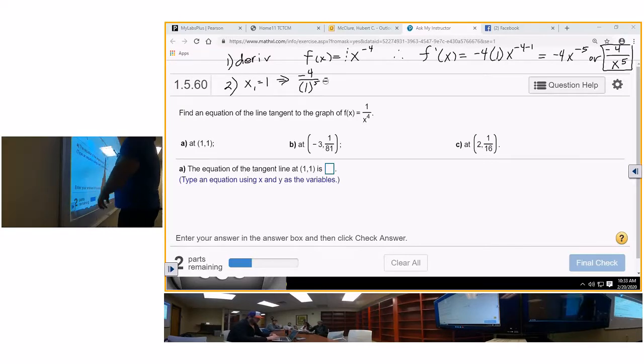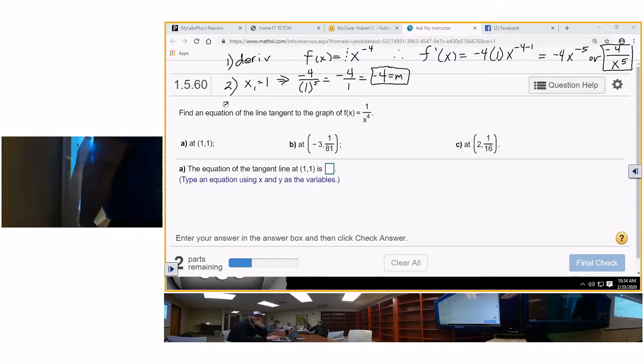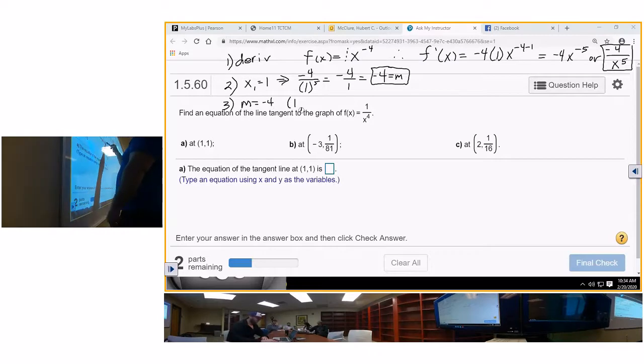I'll do the 1 to the 5th power for y'all. That'd be 1. Negative 4 over 1 is equal to what? And that is my slope. So now I do number 3. I got my slope is equal to negative 4. And my 1, comma 1 is my point. So now I do 4.